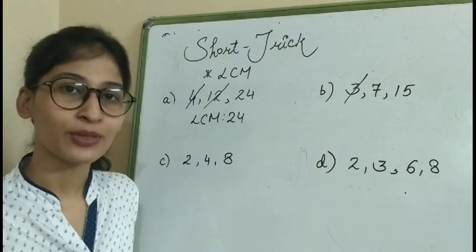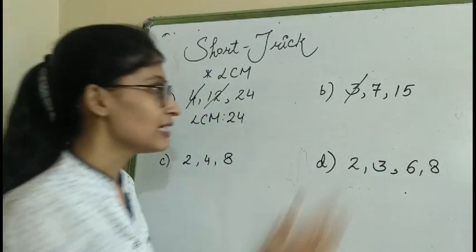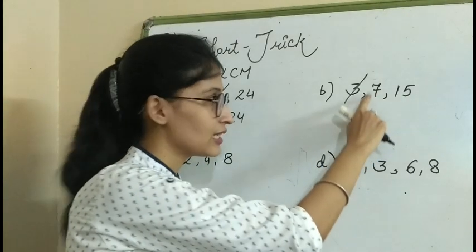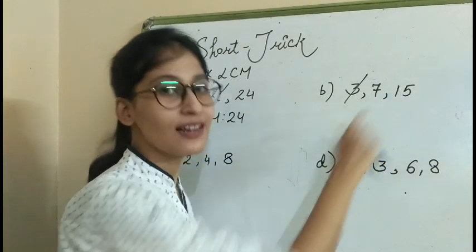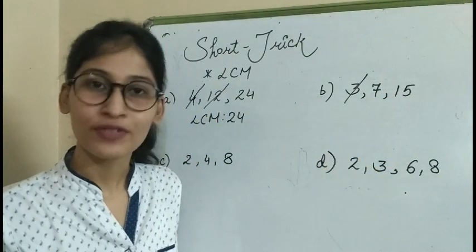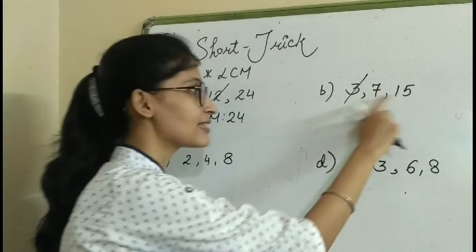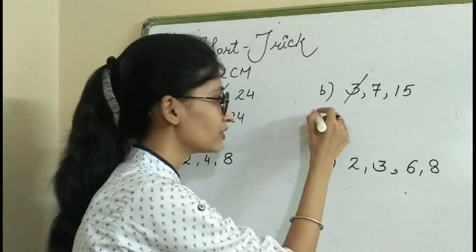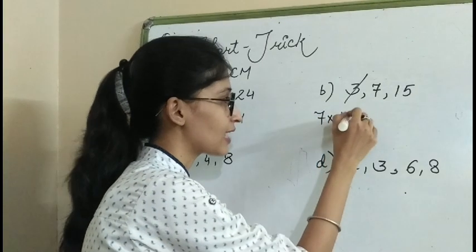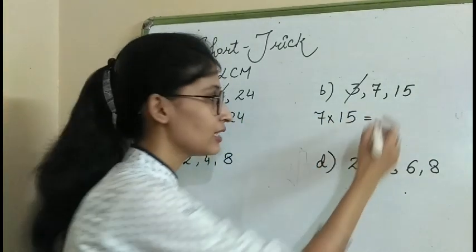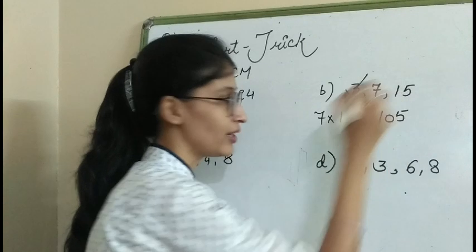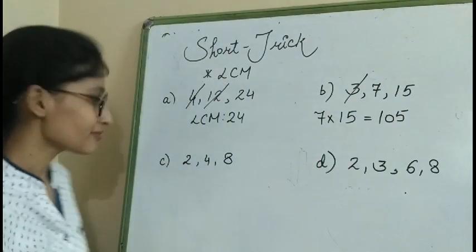So I am here going to cancel 3. Now look at for 7. The next number is 15. Is 15 a multiple of 7? No. So we have to stop here. The LCM will be product of the remaining numbers. 7 multiplied by 15. So LCM here will be 105.